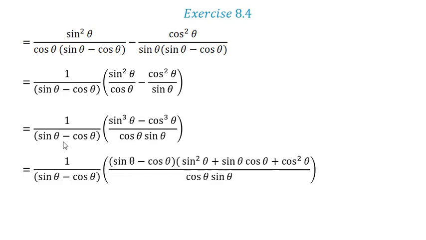So this is 1 upon sin theta minus cos theta into sin theta minus cos theta into sin square theta plus sin theta cos theta plus cos square theta whole divided by sin theta cos theta. So you can see this sin theta minus cos theta and this sin theta minus cos theta can be cancelled, and this sin square plus cos square I can write 1. So it is 1 plus sin theta cos theta divided by sin theta cos theta.